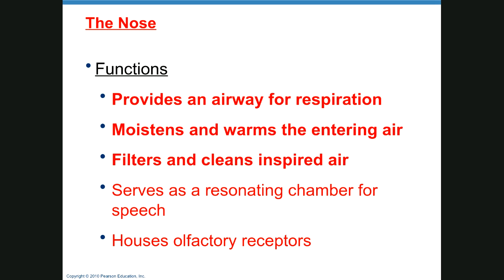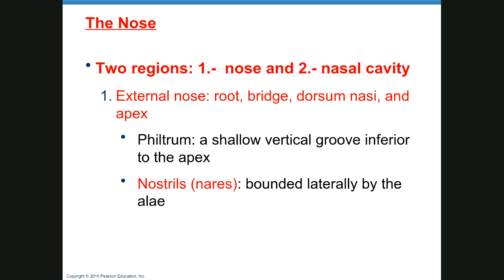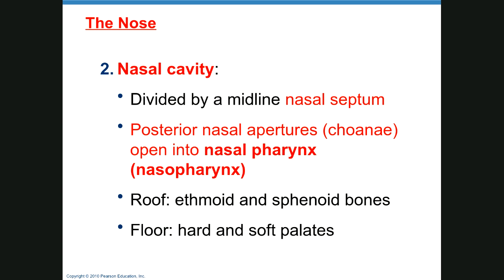Okay, one of the things to note about some of these organs of the conducting zone, especially the ones at the very beginning, is that some of their functions are going to be to moisten the air, warm the air, and filter the air. So the function of the nasal cavity, of the conchae inside the nasal cavity, are going to be these three functions right here. So air must be moistened, warmed, and filtered. I'm not going to go through the parts of the nose.